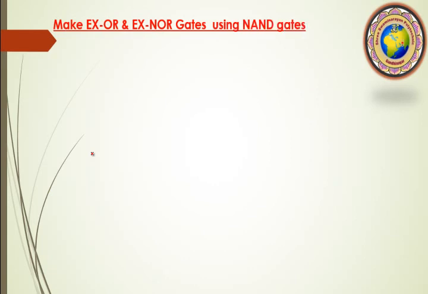Now our next topic is how to make the exclusive OR gate and exclusive NOR gate. In this way we have to discuss in detail, and we have to remember the equation or formula. What is the formula for construction of the XOR gate?